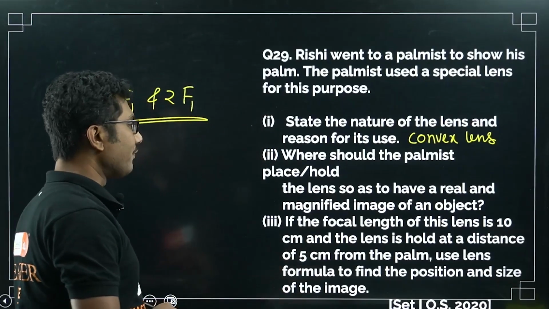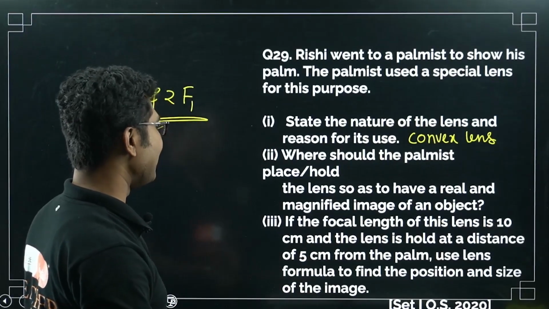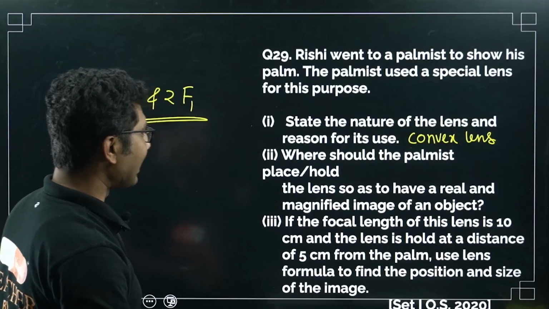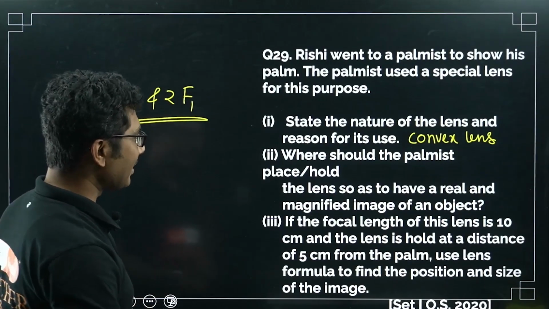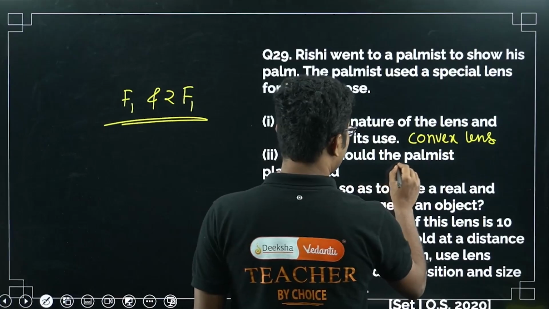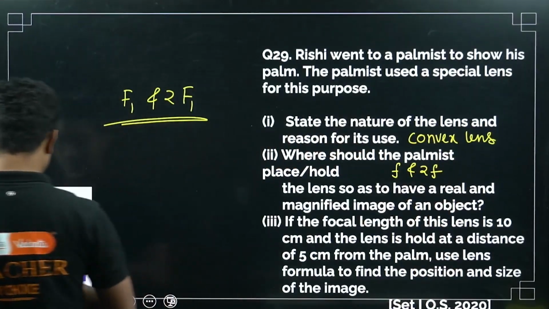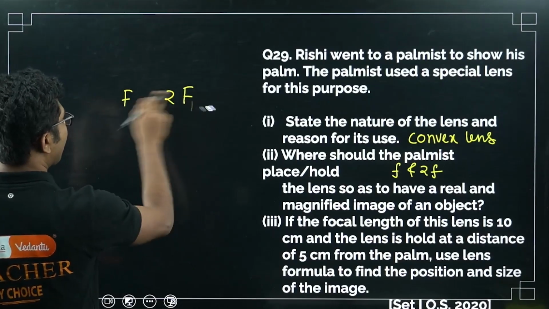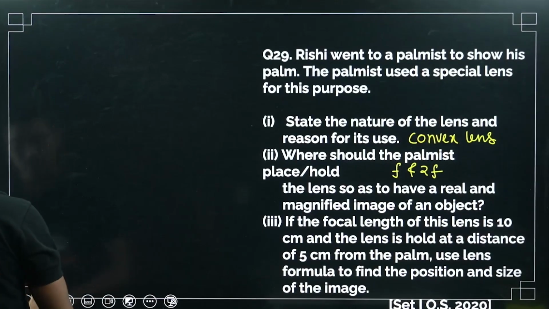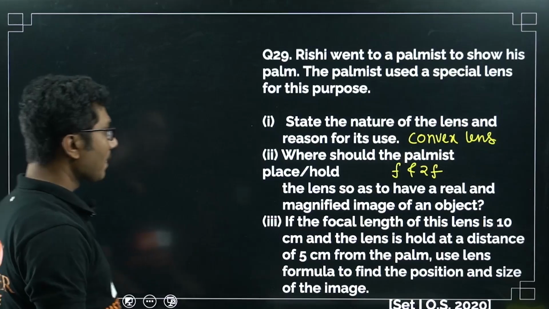Okay, if the focal length of this lens is 10 centimeter and the lens is held at a distance of 5 centimeter from the palm, so this will be f and 2f. Okay, you can mention first principal focus and twice the first principal focus, that is also fine. F and 2f is also fine.